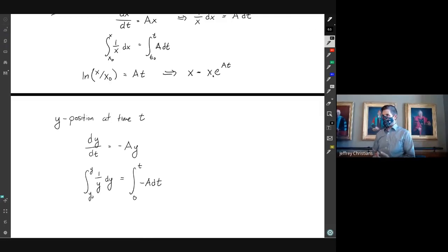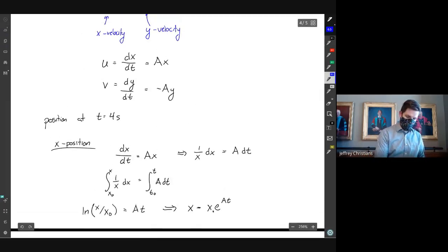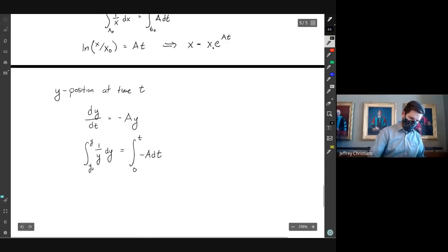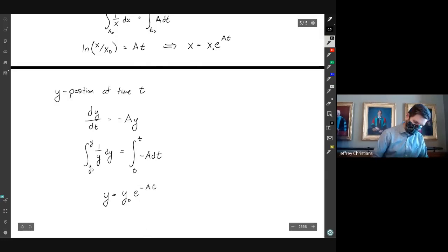It looks basically the exact same, except we have a minus sign thrown in because our u and our v, the x component and the y component, are basically the same, except this one has a minus sign. So that's why it turns out to be basically the same. If we were to solve this, we would get y equals y naught e to the minus a t.